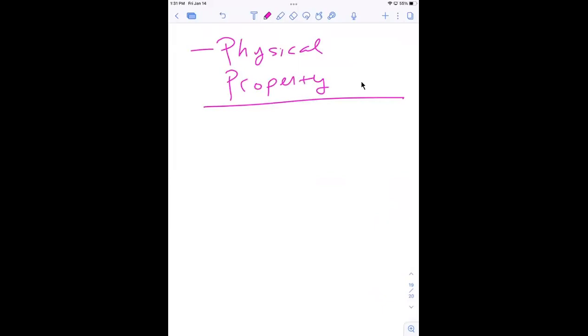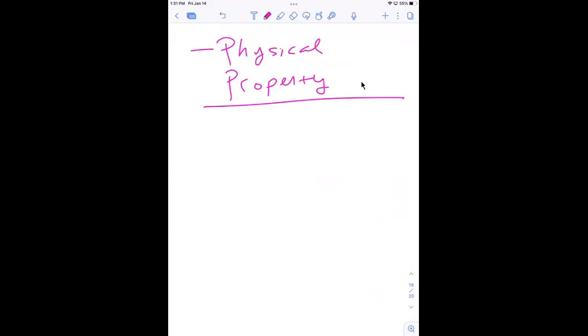So think about physical properties. Somebody help me right there. What is a physical property? What are we looking for? The characteristic of a substance. Okay, but what type of characteristics though? Think about it this way.